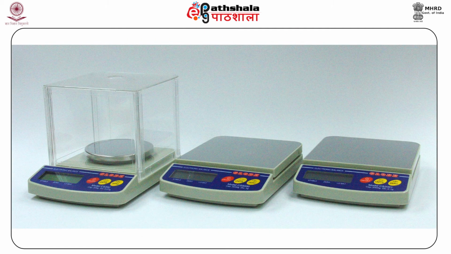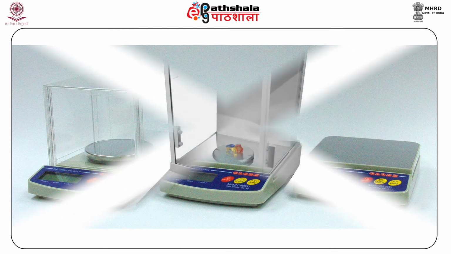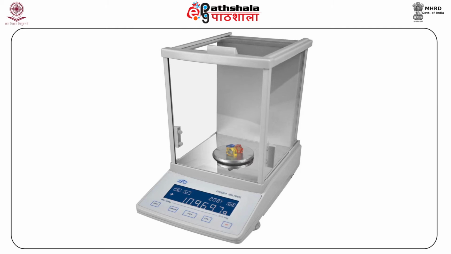A second advantage is being able to use the zero button on the front of the balance. Since we will not put a chemical straight on the balance pan, a container has to be used. Place the container on the balance and the mass of the vessel will be shown.